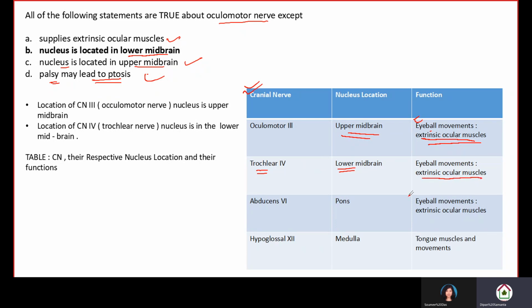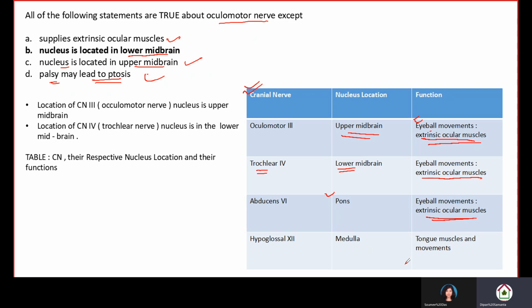Next, the abducens nerve: its nucleus is located in the pons, and it controls eyeball movements by supplying extrinsic ocular muscle.